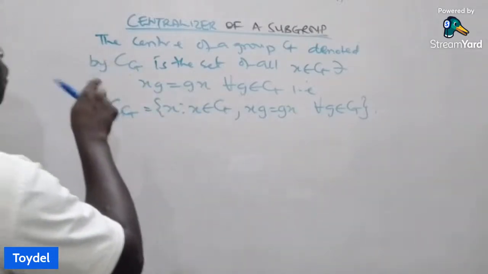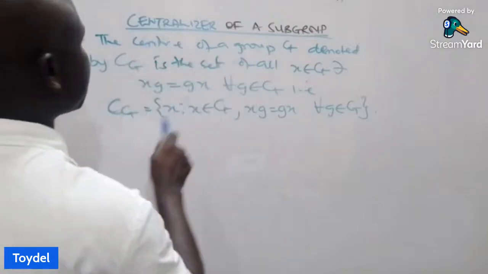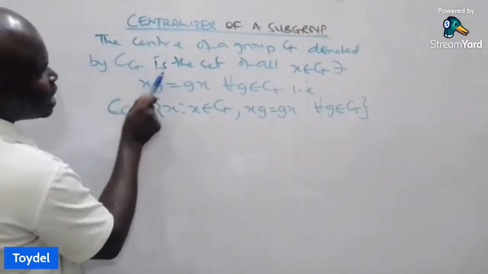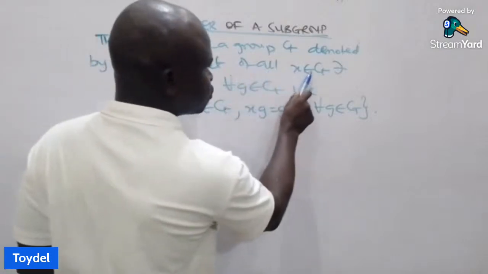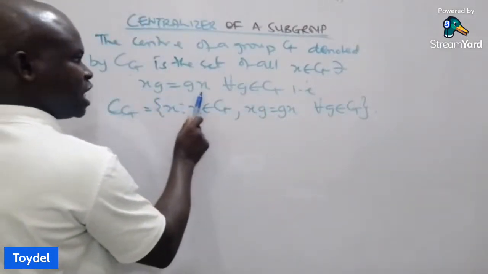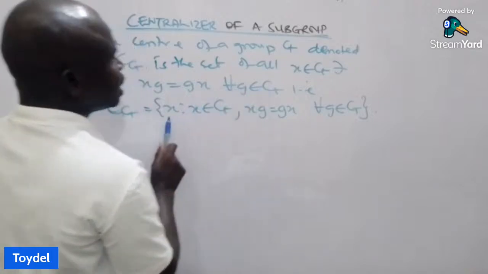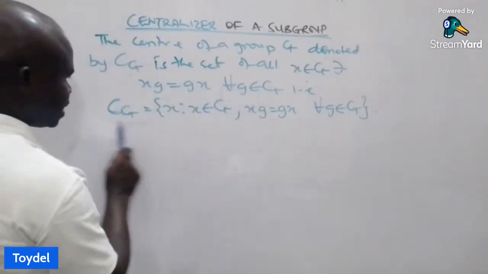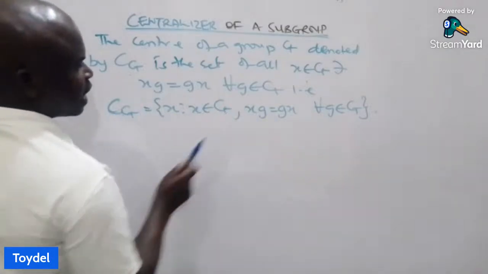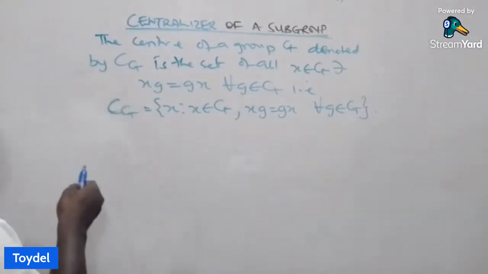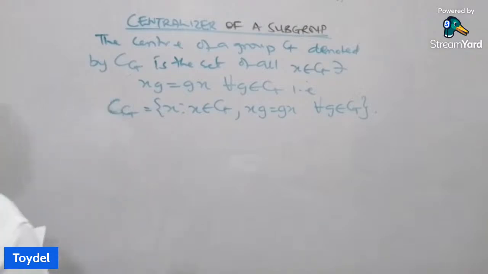So if we are talking about the center of a group G, denoted by C_G, it is the set of all x that belongs to G, such that xg is equal to gx for all g in G. You understand? Then C_G is defined as this. That is the definition of the center of a group.